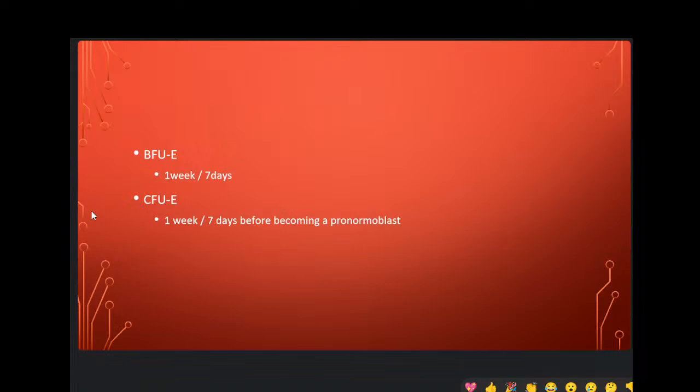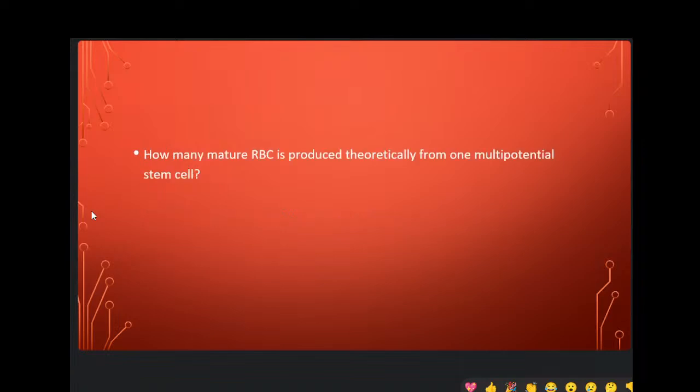Okay? Next slide. How many mature RBCs are produced theoretically from one multipotential stem cell? That is before BFU-E, the stage with high expression of CD34. It usually produces 8 mature RBCs.